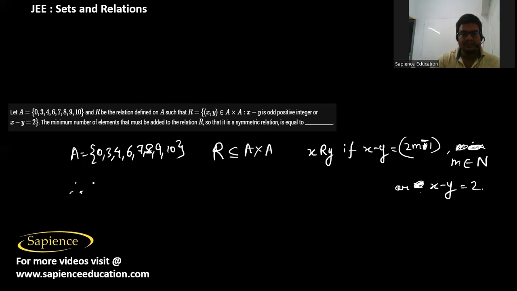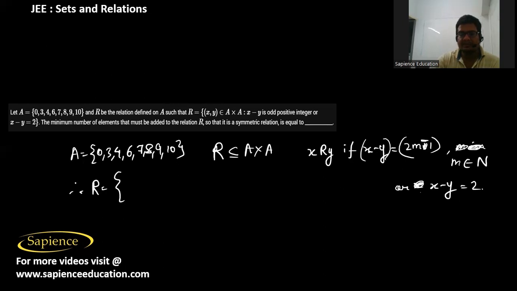Okay, so now first we have to find which elements are there in the relation R. So x minus y should be odd. As you know, the difference between x and y is odd.